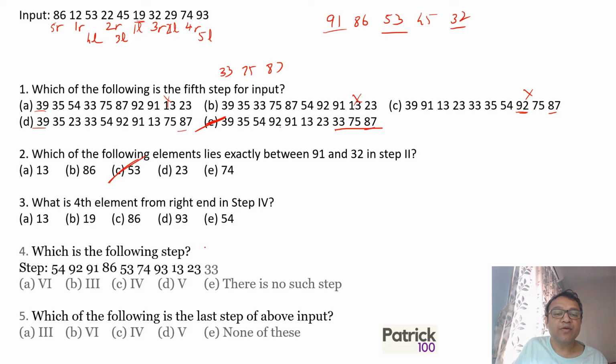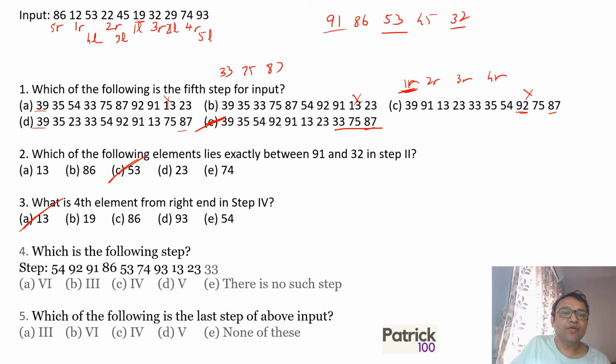What's the fourth element from the right in step 4? If you take the fourth element from the right, the fourth right, third right, second right and first right are the elements in the fourth step. The fourth from the right is the first right element. The first right element is 13. 12 plus 1, 13. A option. Which is the following step?